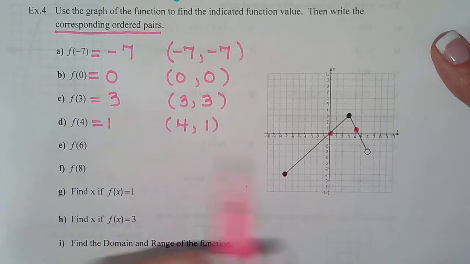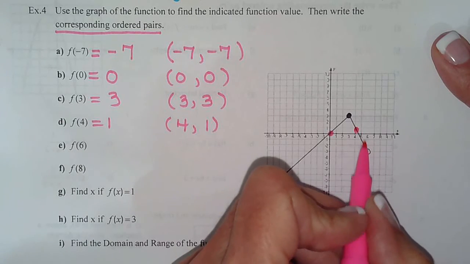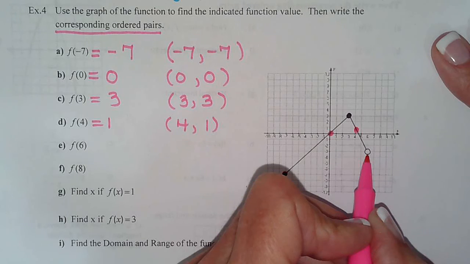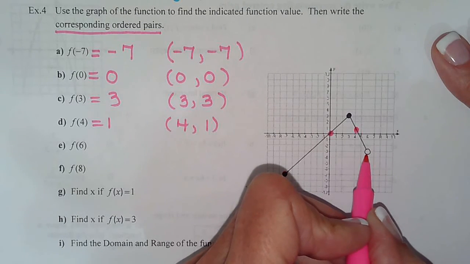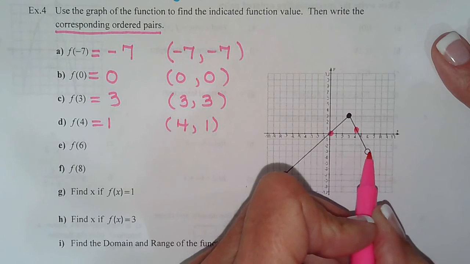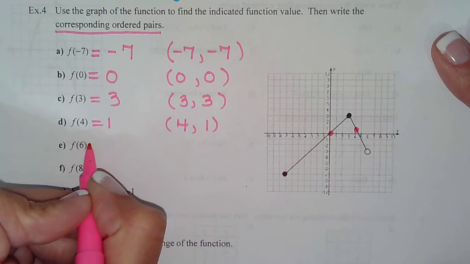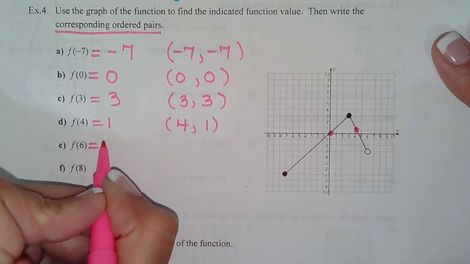And when x is 6, y is, open dot. Do you guys remember what that means? That means there's not really a point there. So guess what we have to write? Don't write -3. You would write -3 if that was a colored in point. It's not a colored in point, so guess what you write?